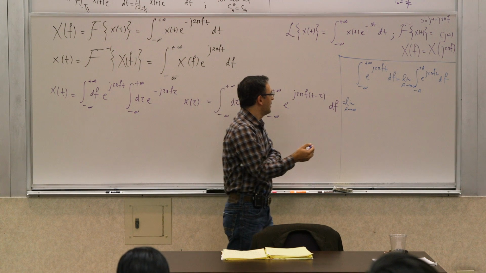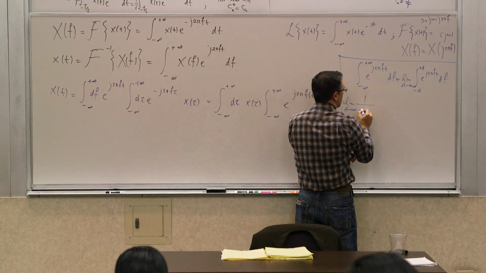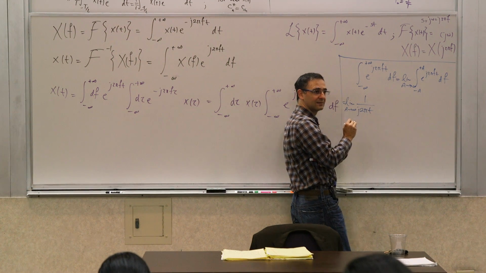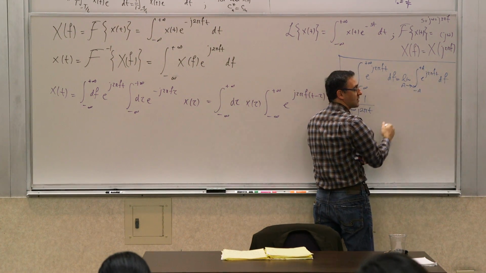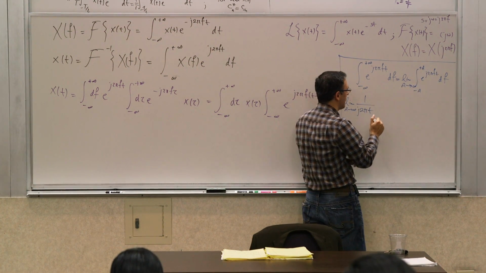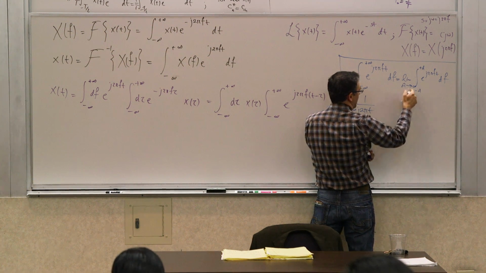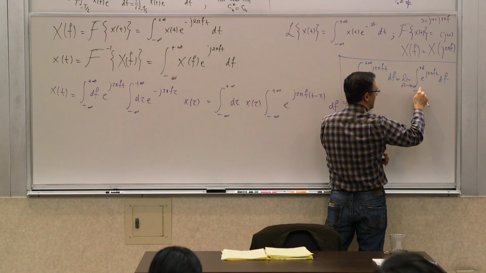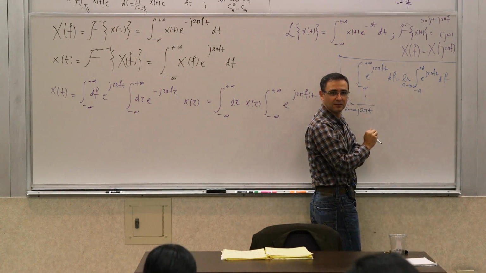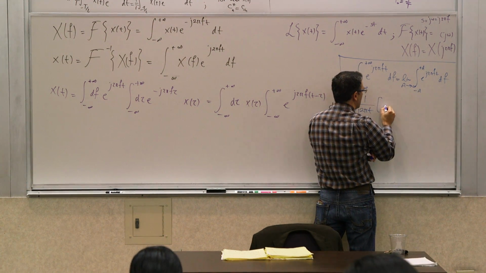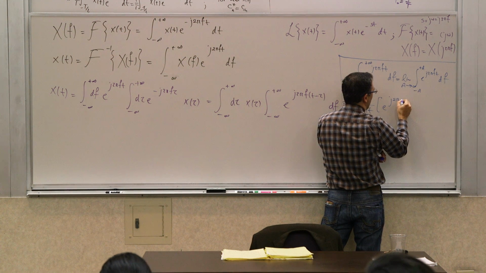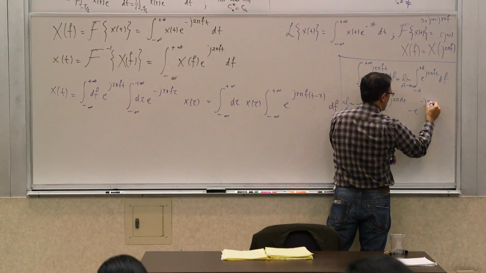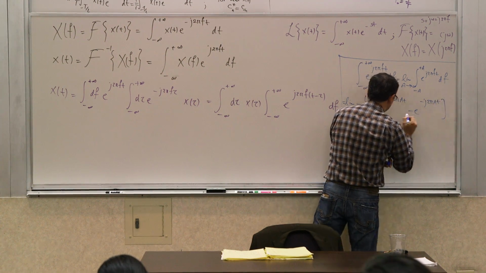It's an exponential. So it's 1 over j 2 pi t, which is all the coefficients other than f in the argument. And then the exponential evaluated at this value minus evaluated at this value, which would be e to the j 2 pi a t minus e to the negative j 2 pi a t.